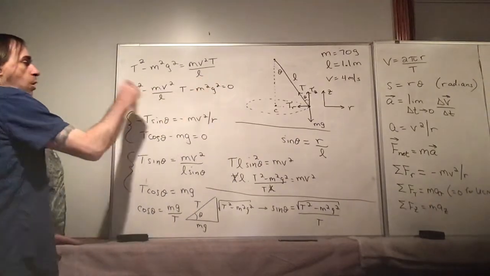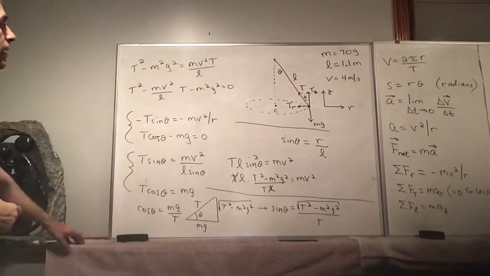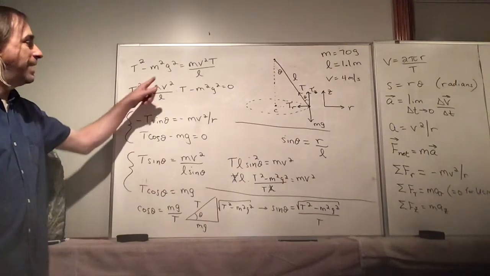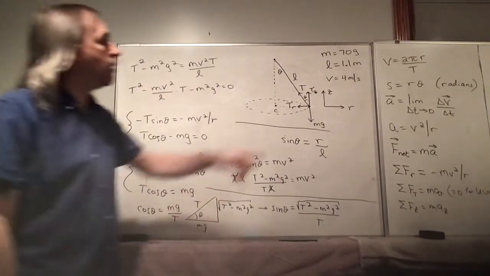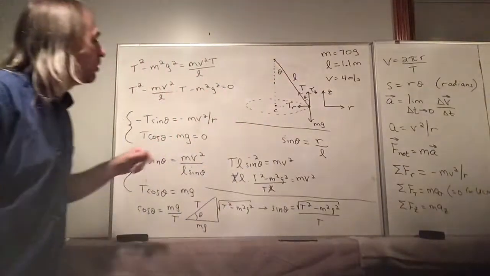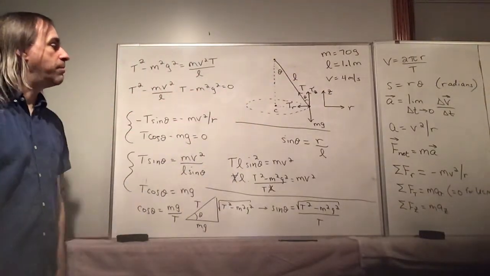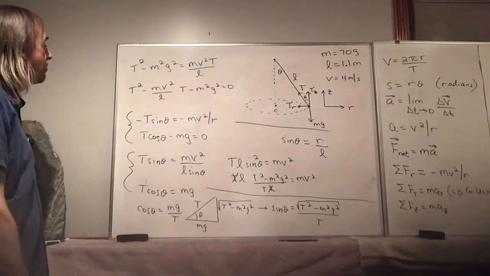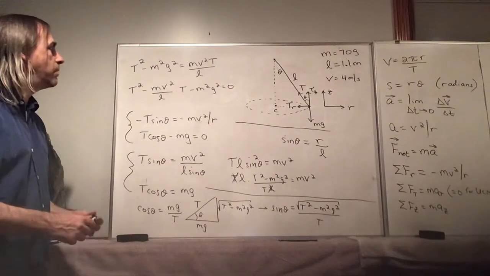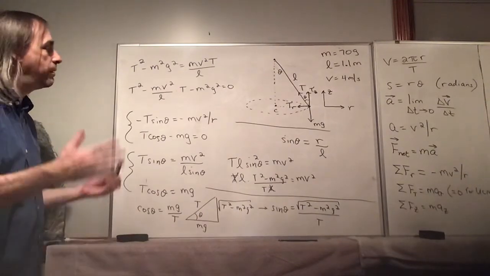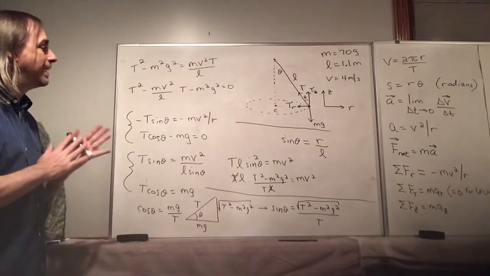We have our coefficients, where a would be 1, b would be minus mv squared over L, and c would be minus m squared g squared. To find the tension, we'd have to either try to factor it. No, we can't do that, I don't think.